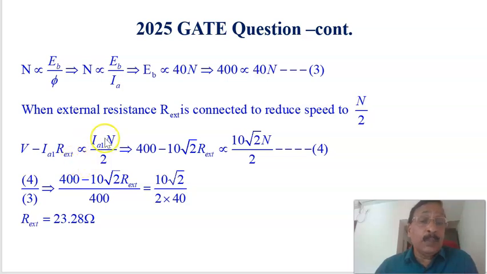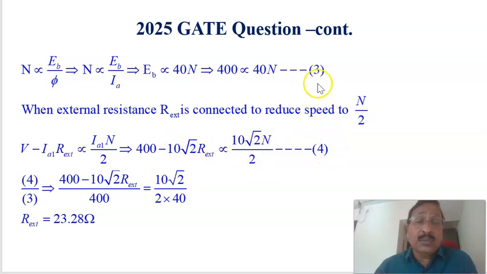That is proportional to IA1 into N by 2. Here, 400 minus IA1, calculated as 10 root 2, into the external resistance is proportional to IA1, 10 root 2, divided by 2 into N by 2.